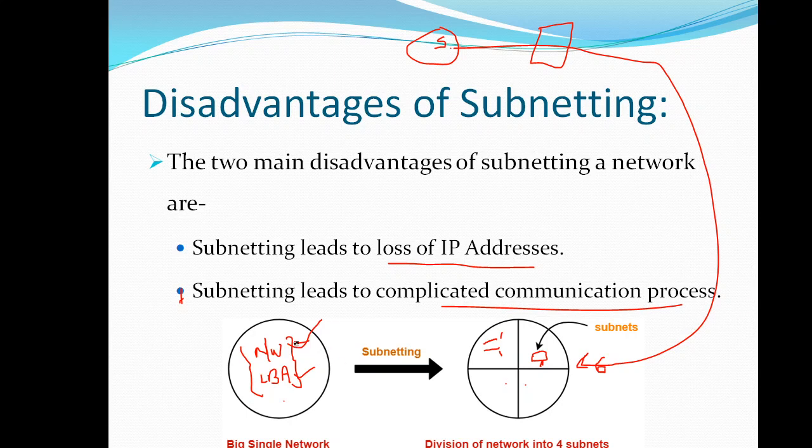The packets come to this network, which is already divided into subnets, so it needs to identify which subnet the packet belongs to. After that, it identifies the host among the available hosts in the subnet. That's why it is a somewhat complicated communication process compared with normal communication.